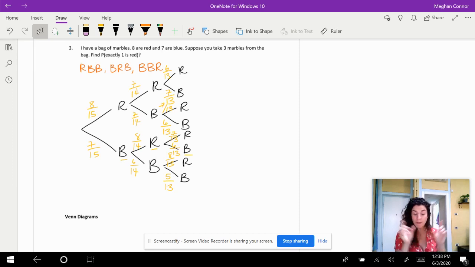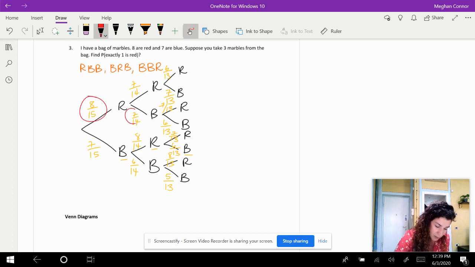So since we have 3 options, we have 3 probabilities that we're going to add together. In order to find each of the probabilities for each of our options, we need to multiply all 3 probabilities as they're coming out. So the first option where it's red and then blue, you can go into your tree diagram and find those probabilities. The probability that it's going to be red and then blue are going to be those 3 numbers.